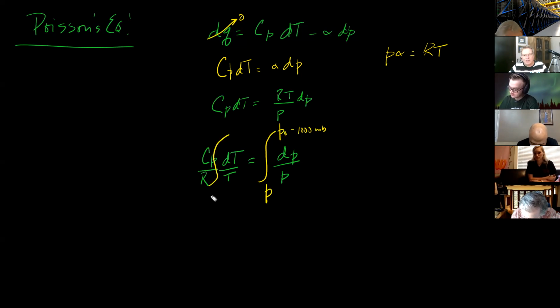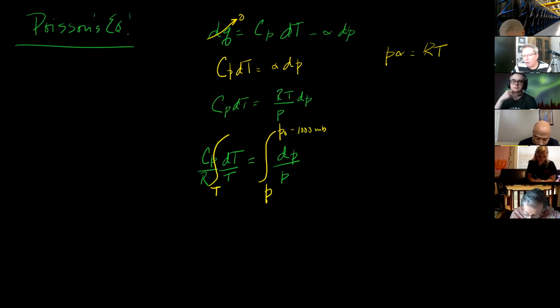Now, what's the temperature at some pressure? Let's say I give you a problem and I say, take a parcel of air at 500 millibars and its temperature is negative 12. What's theta? You take it dry adiabatically to 1,000 millibars. So the temperature here is just some value T, whatever that T is.